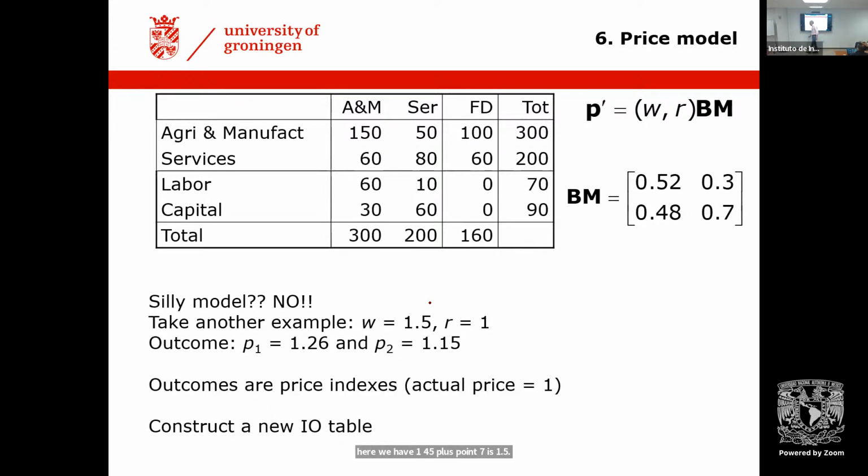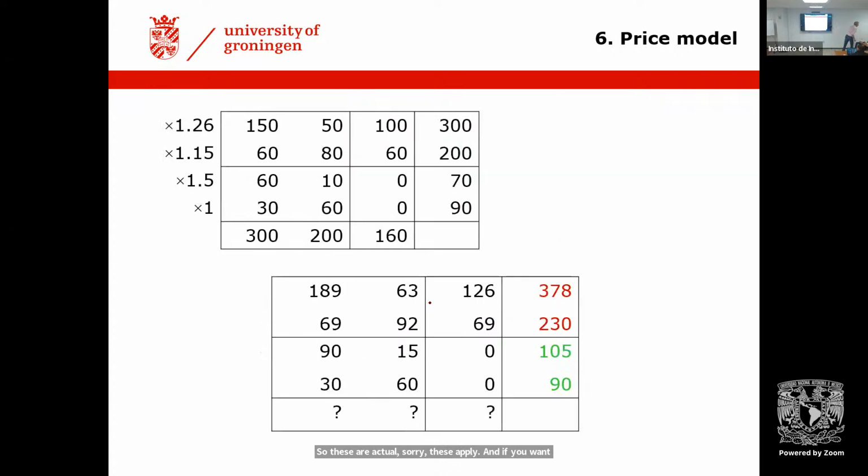Note that these outcomes are price indexes, because the original price was 1, and now the new price is 1.26. That means the new price is 26% larger than the old price. So these are price indexes. And if you like, you can calculate a new input-output table.